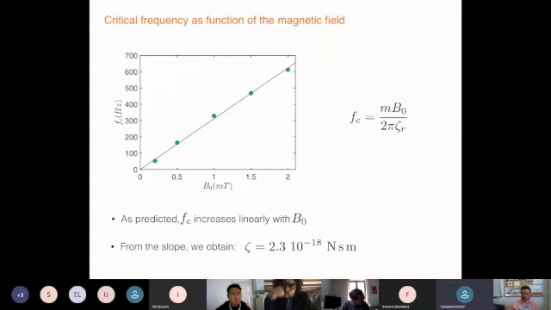If it's of the same order, it's fine. It's another check that this is right, because in the fitting, basically you also place the magnitude of the moment m. Right? Yeah. Okay. What you vary is zeta. Perfect. Thanks. You're welcome.